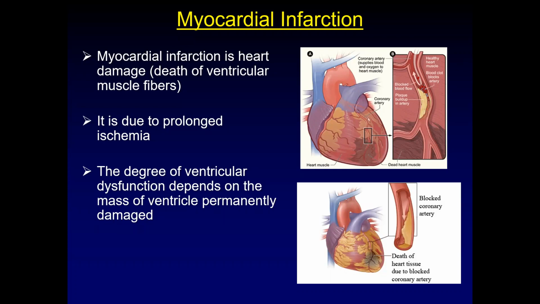So if you're losing muscle in your ventricles, your force of contraction is not going to be as high, your stroke volume goes down, your cardiac output goes down, and that can create a lot of problems. It also makes the other cardiac muscle have to work harder to maintain flow and output. That can also be a problem. So that's what's happening when you have it.